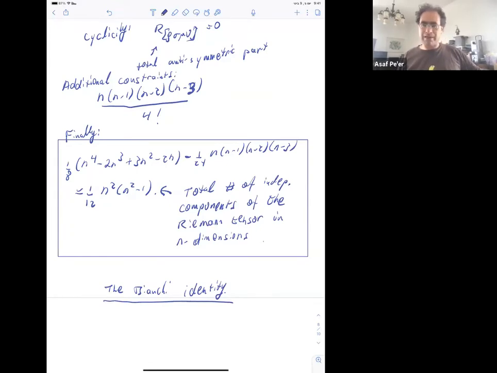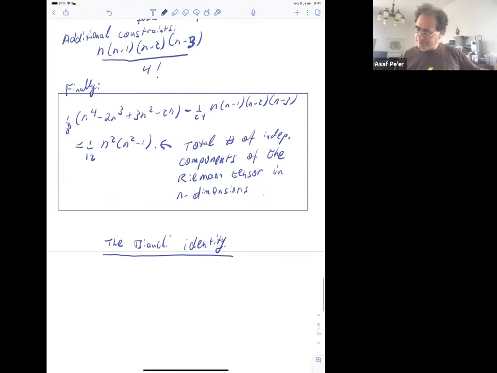So far we discussed algebraic properties and algebraic identities. Right now we're going to discuss a differential identity, which goes as follows.